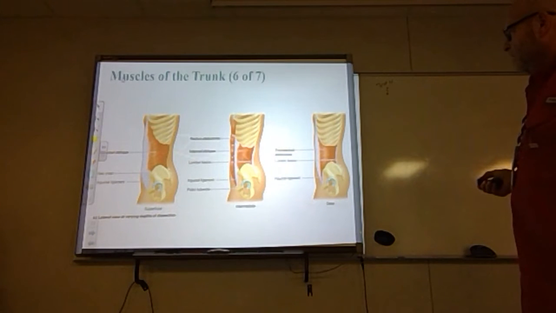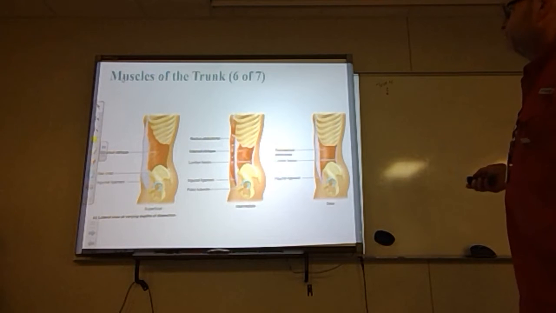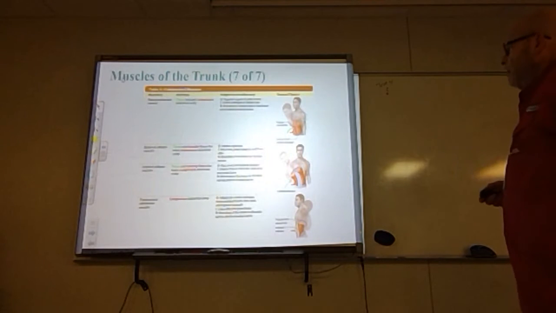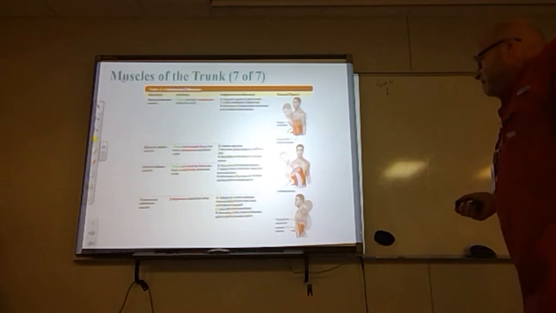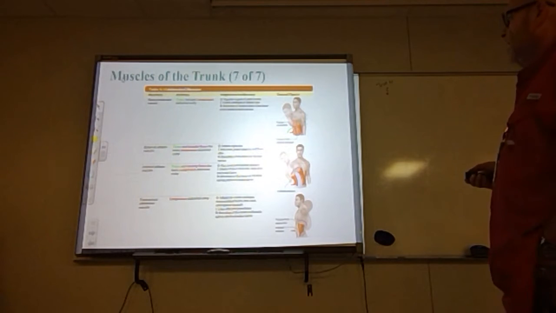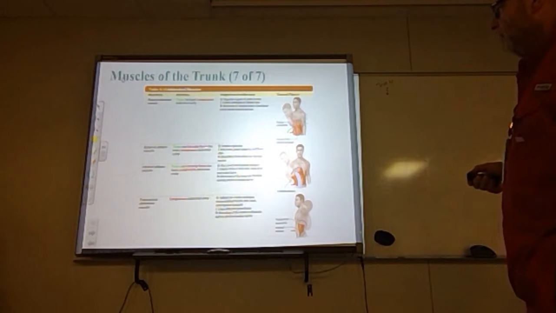There's the transverse abdominis, overlaid by the internal oblique, overlaid by the external oblique, and there's the rectus abdominis running up and down the front. Again, these muscles allow our torso to do all sorts of things, to bend forward, backwards, left and right, laterally flex, and compress the abdominal cavity.